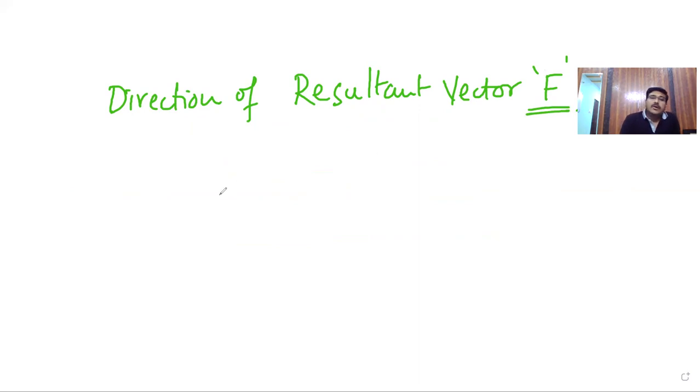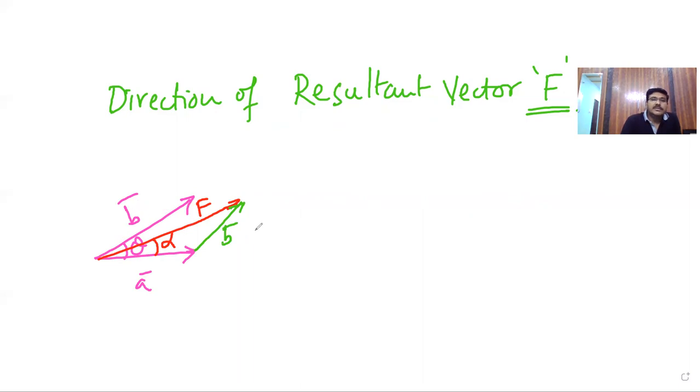Clear? Now observe. This was given like this. This was A bar, this was B bar, and theta is in between them. And this is the resultant F acting at an angle alpha. Now we constructed a parallelogram, drawing a line parallel to B bar and another parallel to A bar.